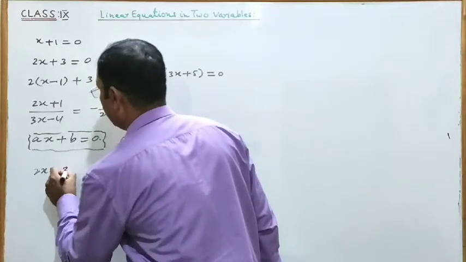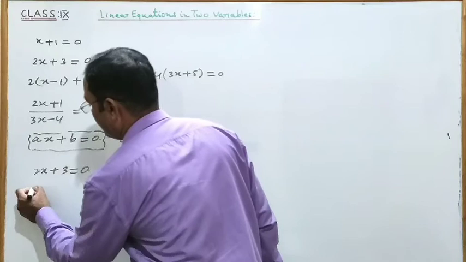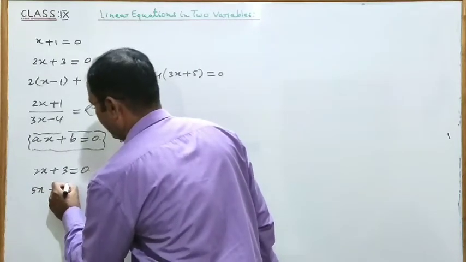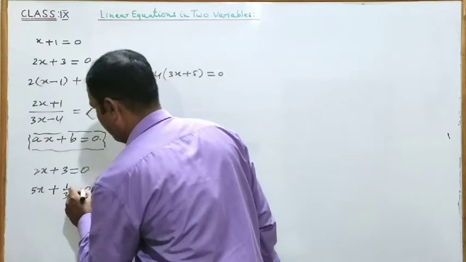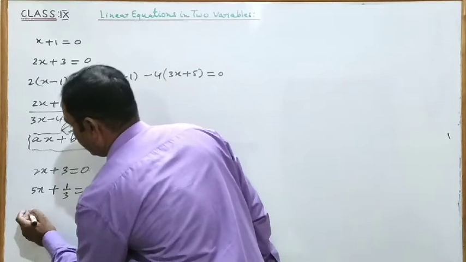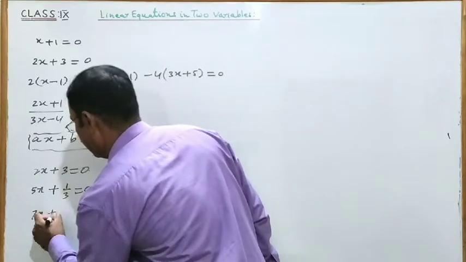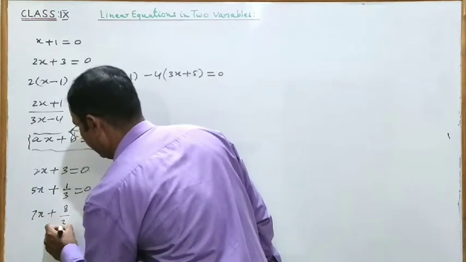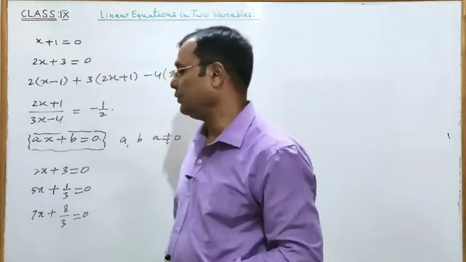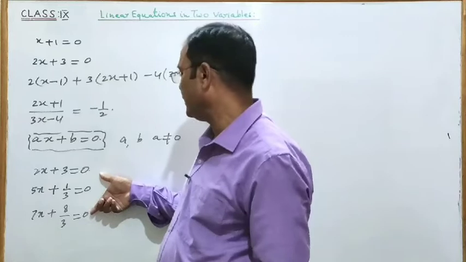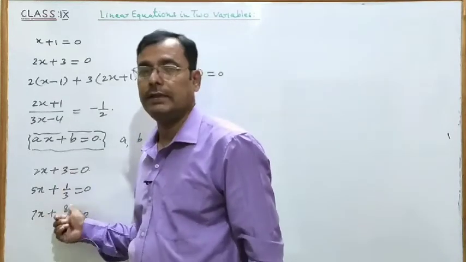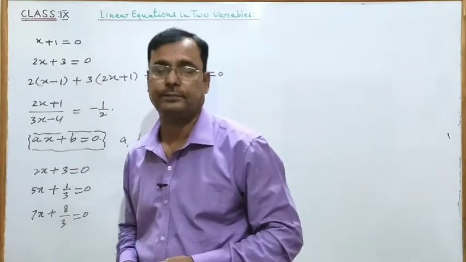2x + 3 = 0, 5x + 1/3 = 0, 7x + 8/3 = 0, and so on. So these linear equations are in one variable and written in standard form.